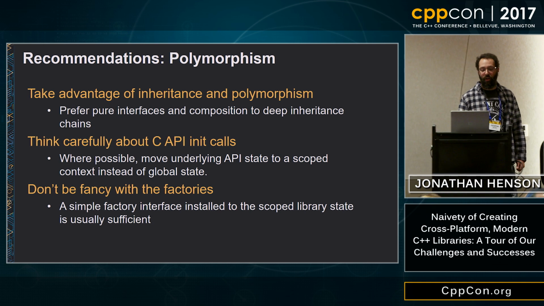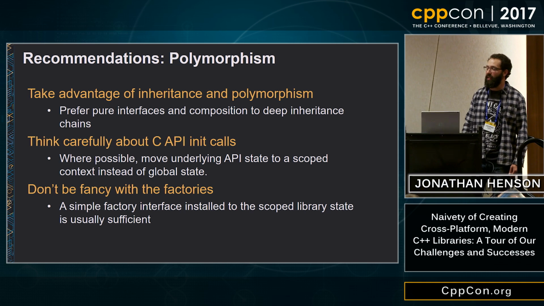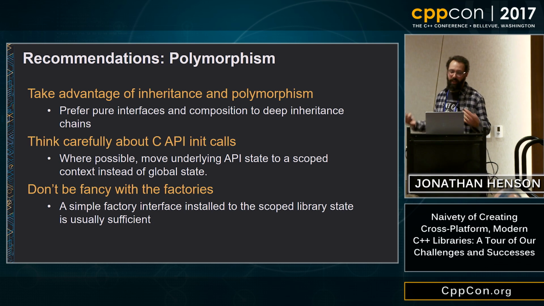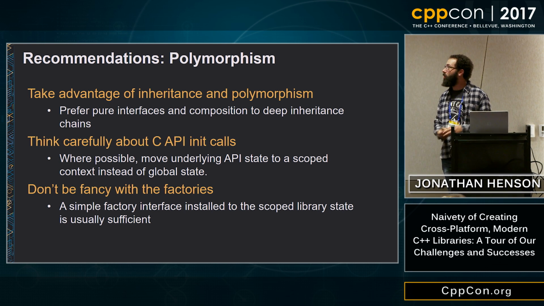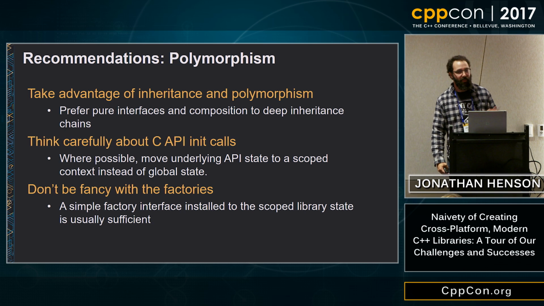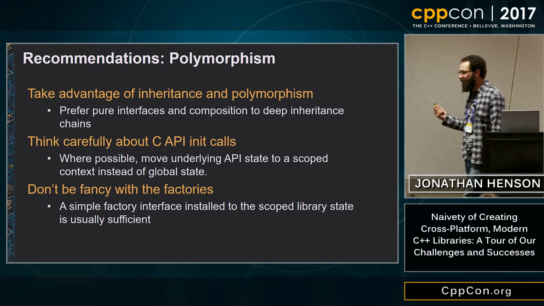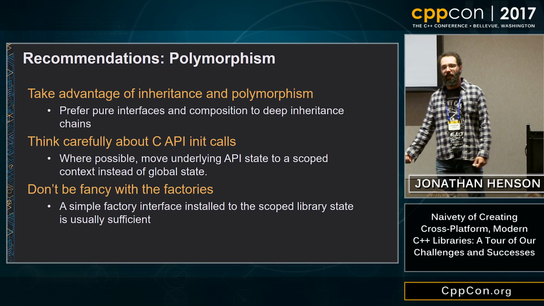So our recommendations are, if it's possible, take advantage of inheritance and polymorphism. It's there, it works, it's usually performant, and the heap allocations aren't a big deal if you initialize them at the right time and don't hit it all the time. Think carefully about your C API and init calls. Where's that state going?